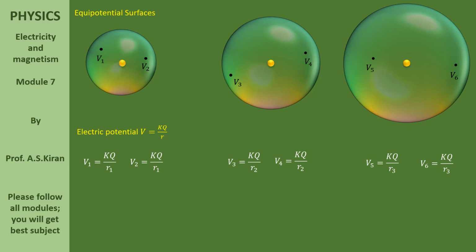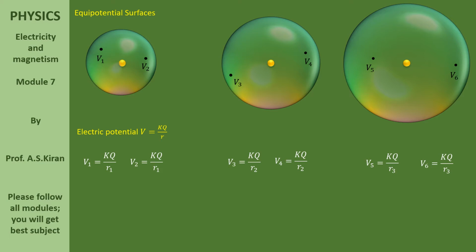So, what we are supposed to understand here is that on the first sphere, at all points, the potential is the same because the radius is the same, that is R1. On the second spherical surface, at every point the potential is the same because the radius is R2.